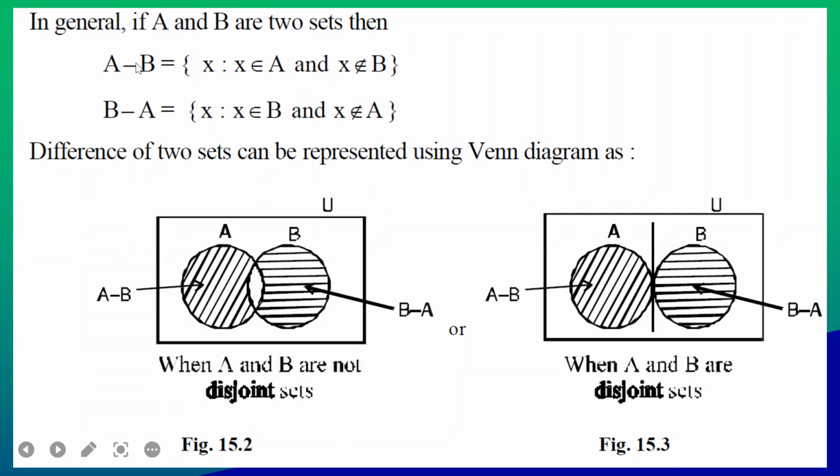A minus B, all elements of A. So, you combine all elements of A. All elements of B is what? These are the elements of A, these are the elements of B. Ano ang mga elements ni A na wala kay B? So, ibig sabihin dapat hindi mo touch dito sa part.